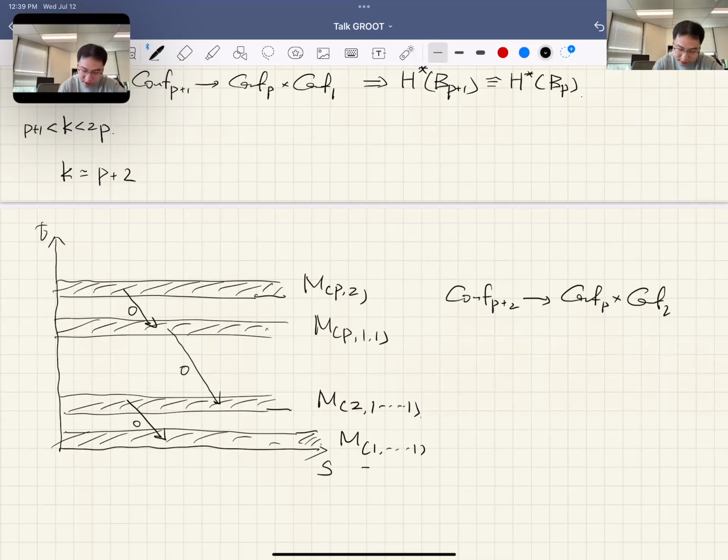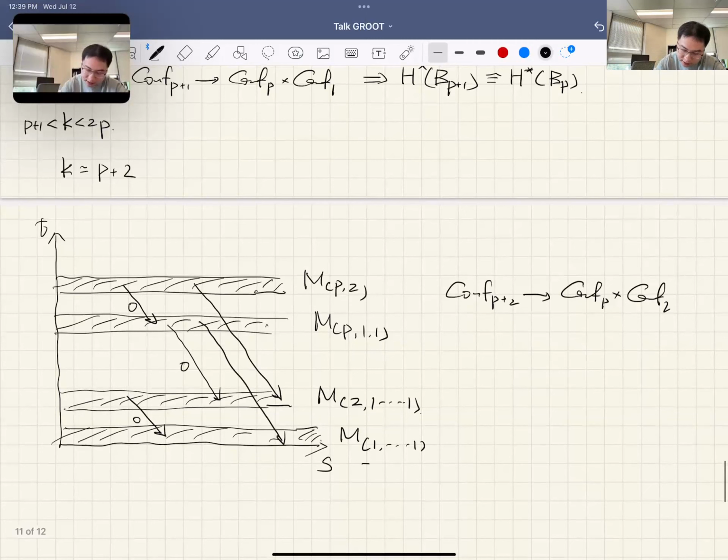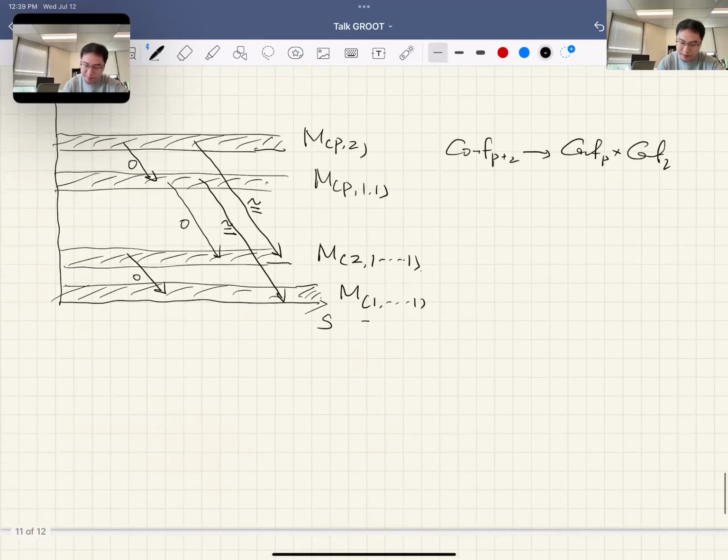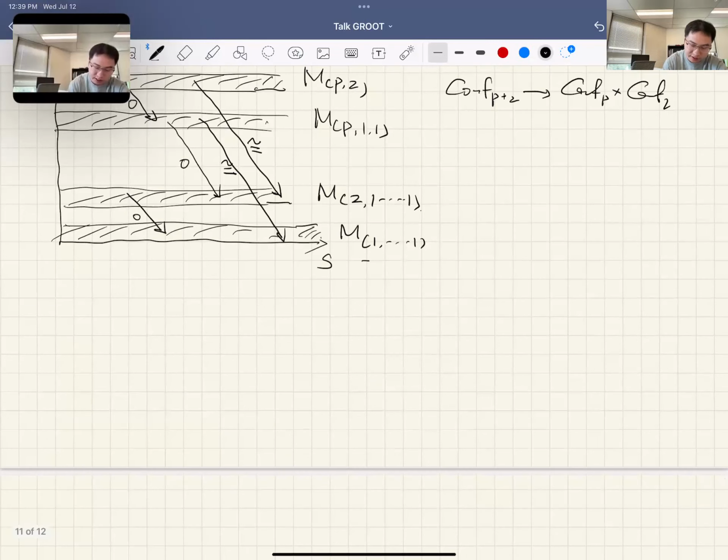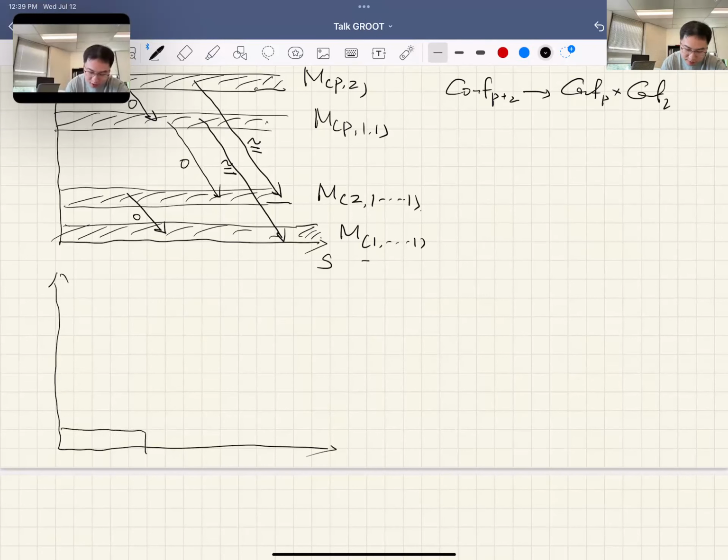And we can show that the map between those 2 rows and those 2 rows is an isomorphism. So the infinite page of the spectral sequence looks like the old one, but we just have another copy sitting on the top.